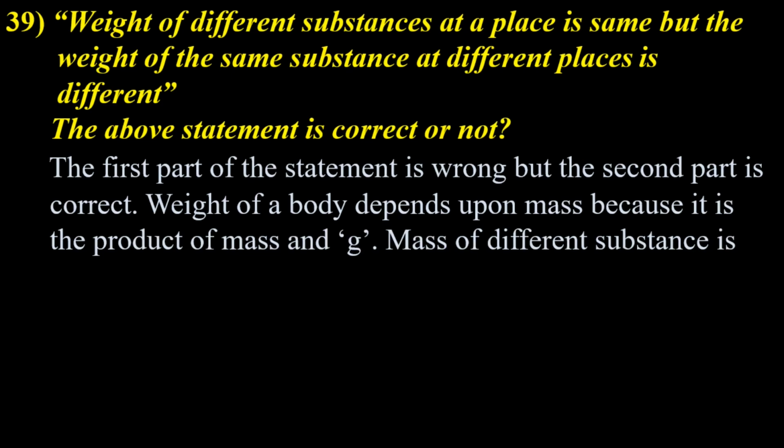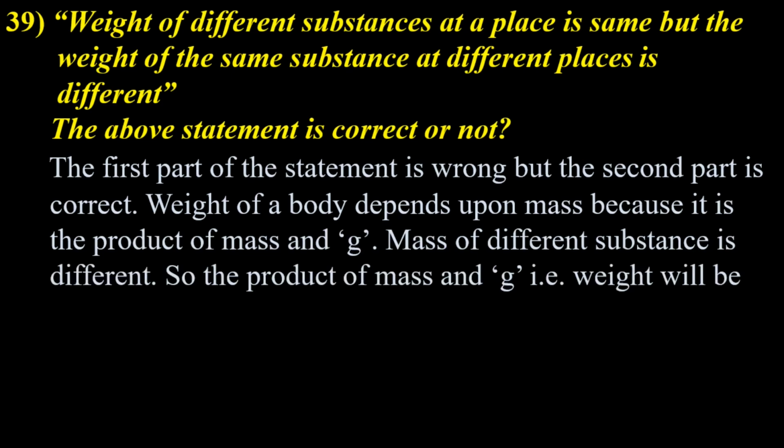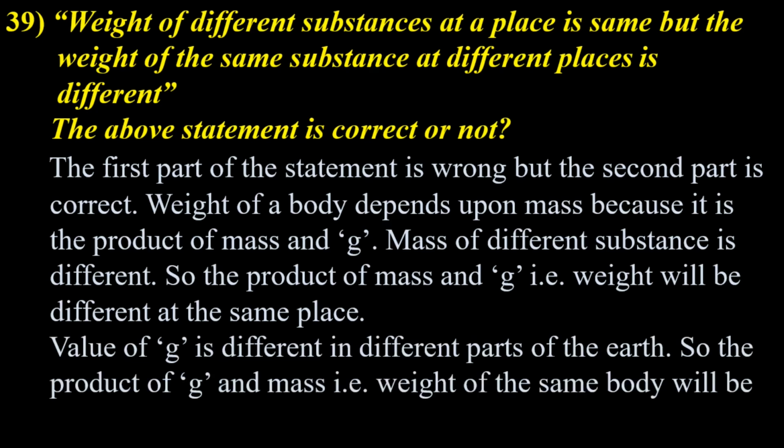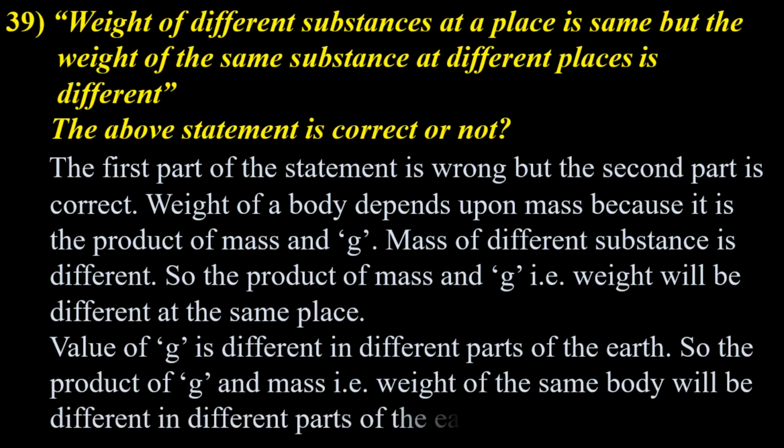Mass of different substance is different, so the product of mass and g, that is weight, will be different at the same place. But second part, value of g is different in different parts of the earth, so the product of g and mass, that is weight of the same body, will be different in different parts of the earth.